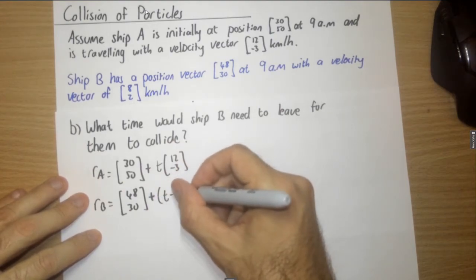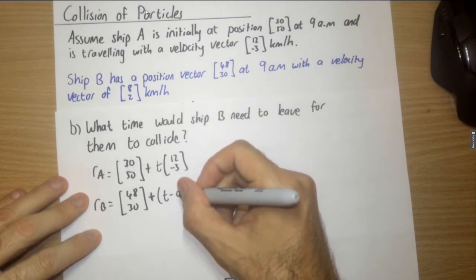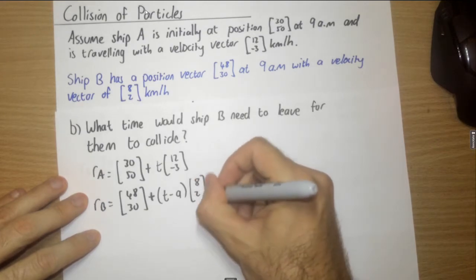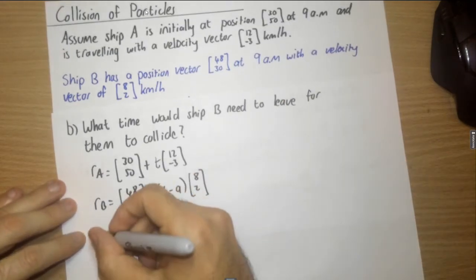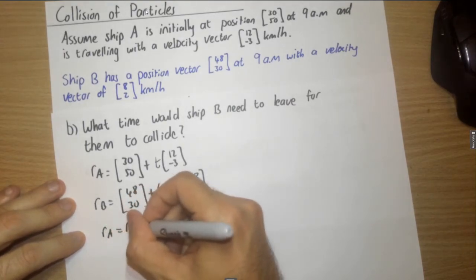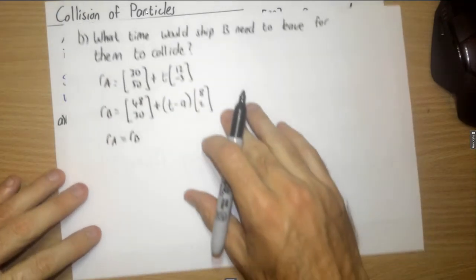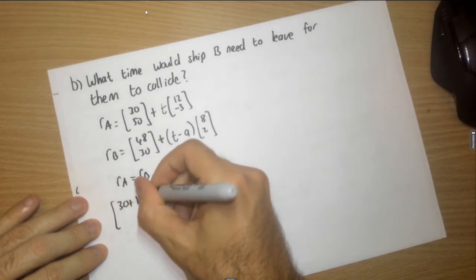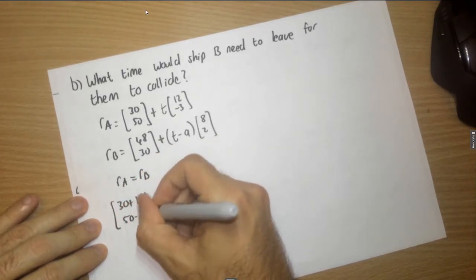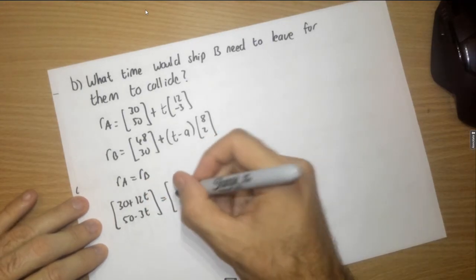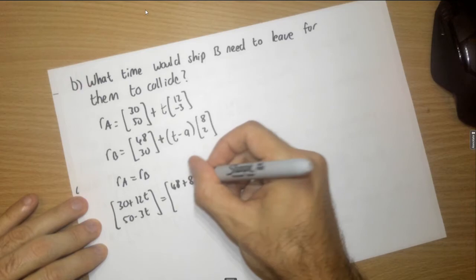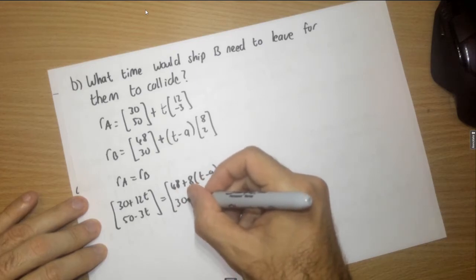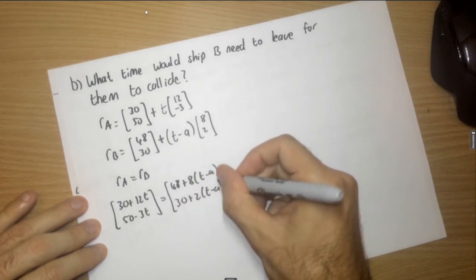And ship B is still at (48, 30) plus, now we're going to delay ship B by some factor a, and that's still being multiplied by (8, 2). So again, we want vector A equal to vector B. What that looks like is (30 + 12t, 50 - 3t) must be the same as (48 + 8(t - a), 30 + 2(t - a)).